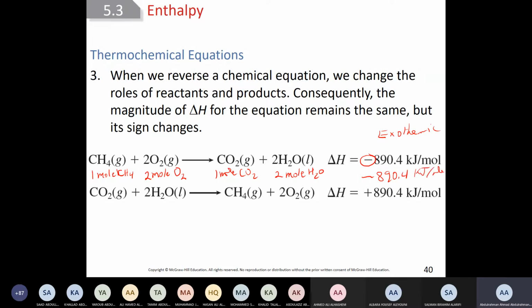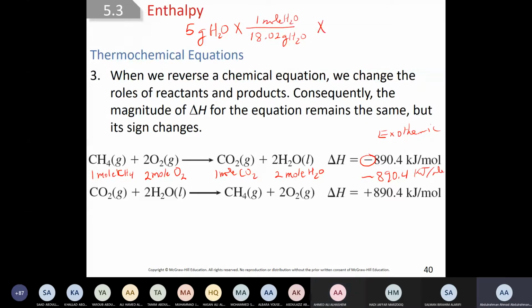Now, I will ask you a simple question. If I have 5 grams of H2O produced, then how much heat do we have? First, change this to moles: 18.02 grams H2O down, and 1 mole H2O up.